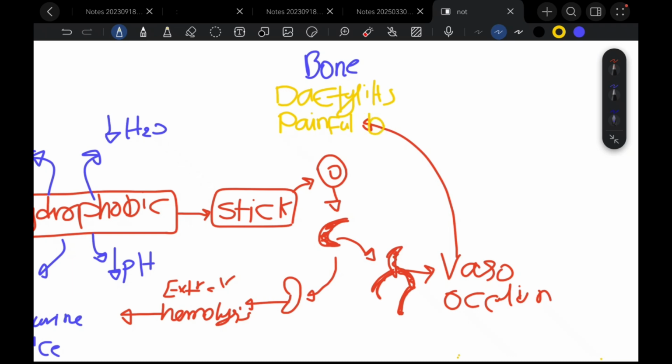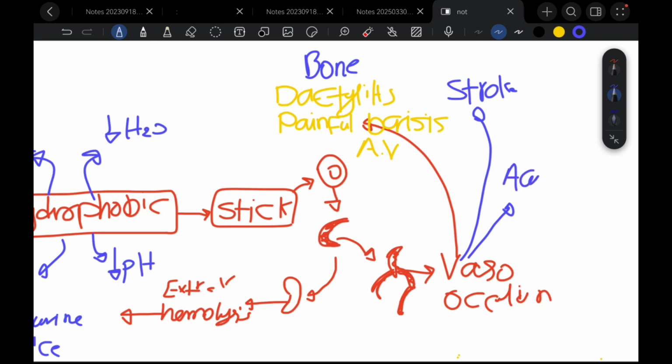So painful crisis. A third one is avascular necrosis, okay, or osteonecrosis. It also can go to the brain, and this will manifest as a stroke, or it can go to the lung and can manifest as something called acute chest syndrome.